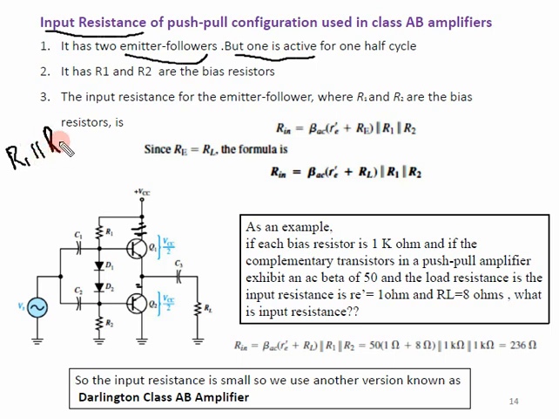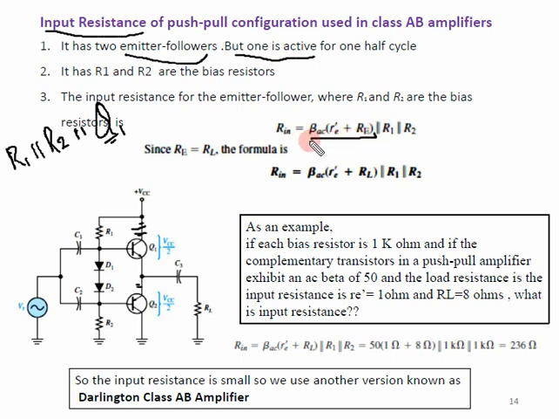And though it has two complementary transistors, Q1 and Q2, one of the transistors is active, so I am going to take only one internal resistance, that of Q1 or Q2. Now remember, the input resistance of this is defined by this value.